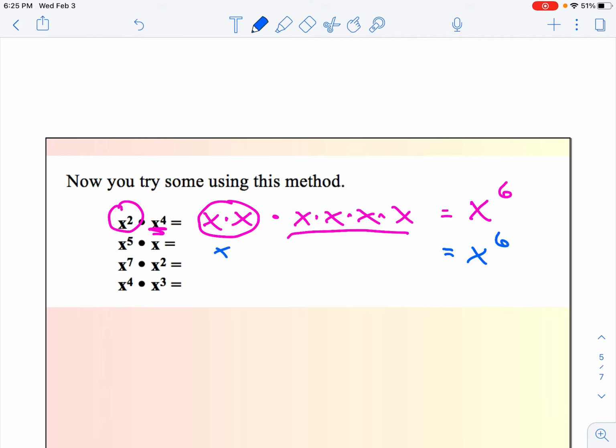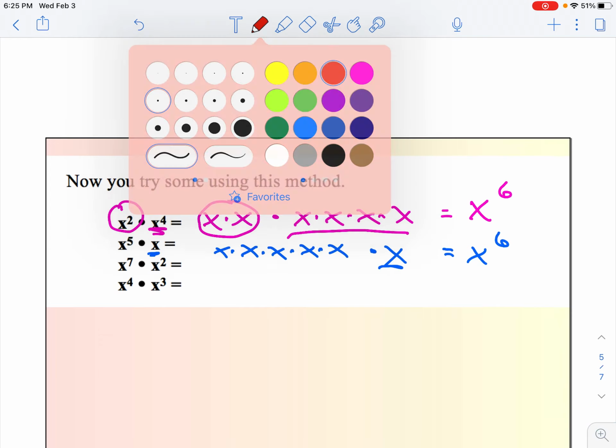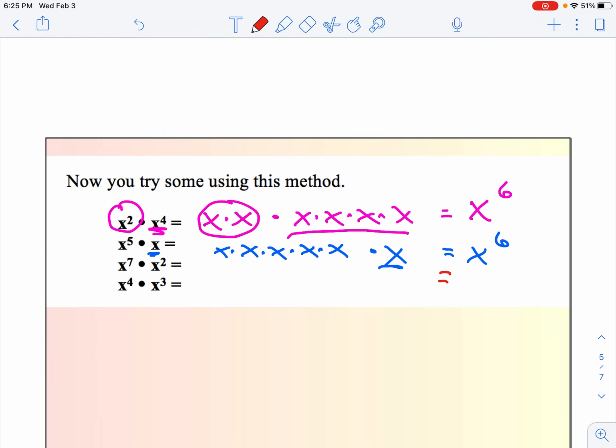The next one would be x to the 6th, because you'd be taking 5 x's right here and multiplying it by 1 more. The next question would be equal to x to the 9th, because again, you're multiplying 7 x's by 2 more.